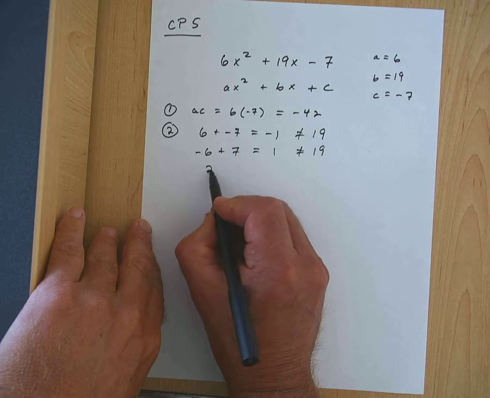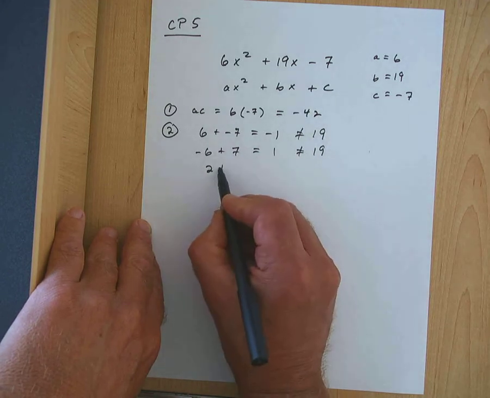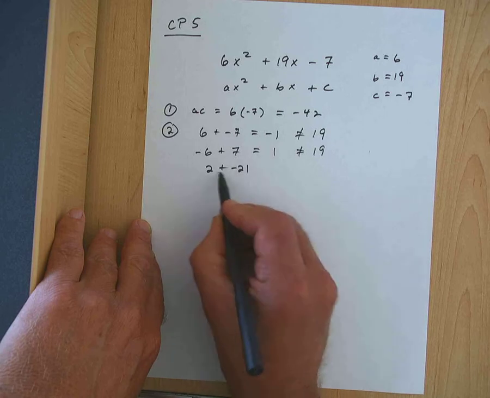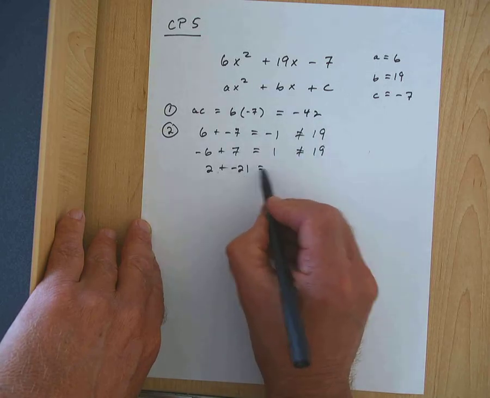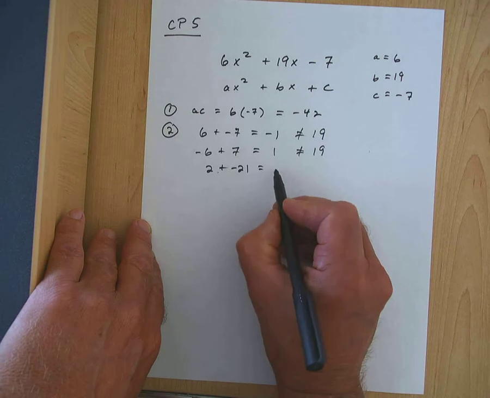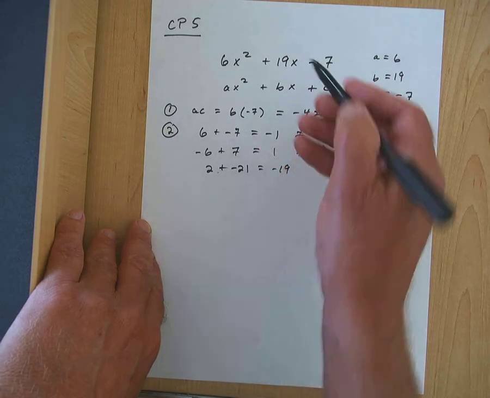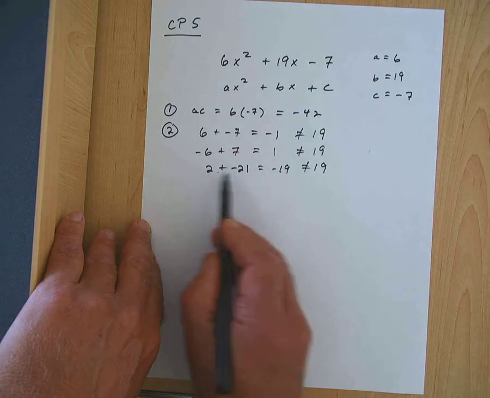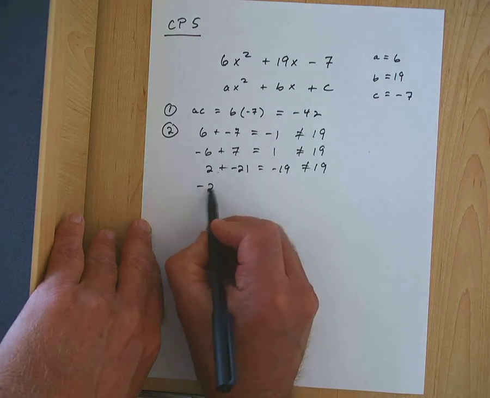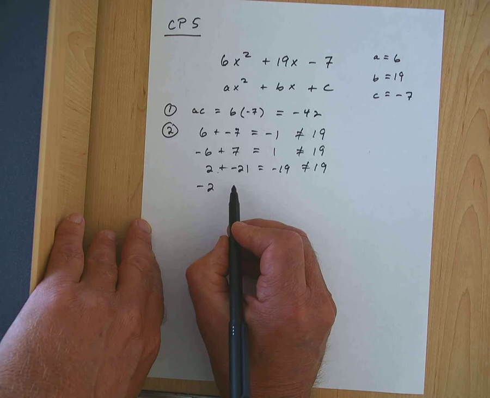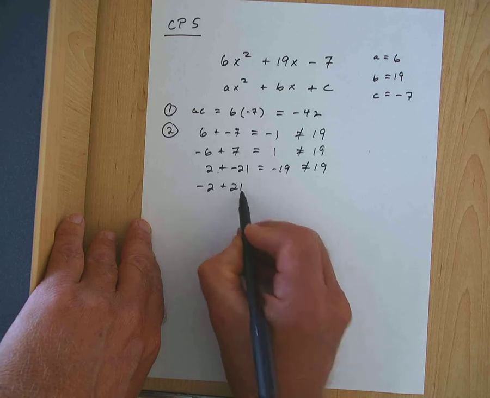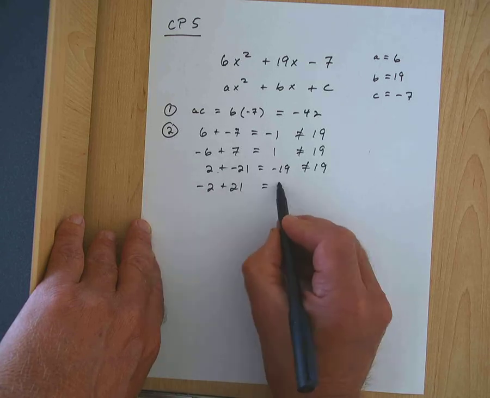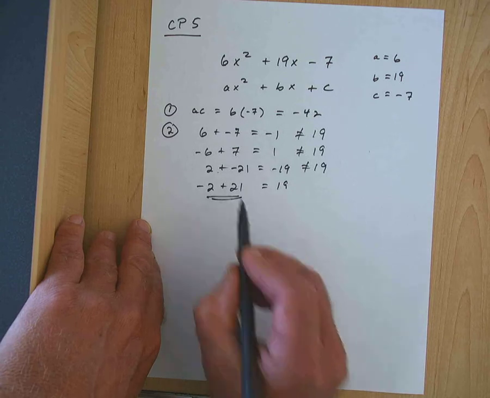Actually we'll have to use a negative, so let's say 2 and -21. Those multiply to give -42. When you add them, you get -19, which is similar, but it's not equal to 19, so that's not going to work. Let's try switching the signs around. Let's use -2 and +21. If you add those two, we do get 19. So those two should work for us.